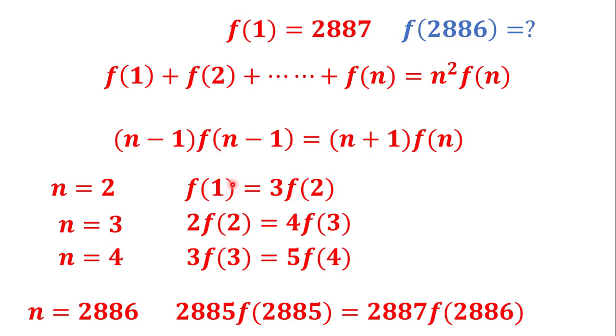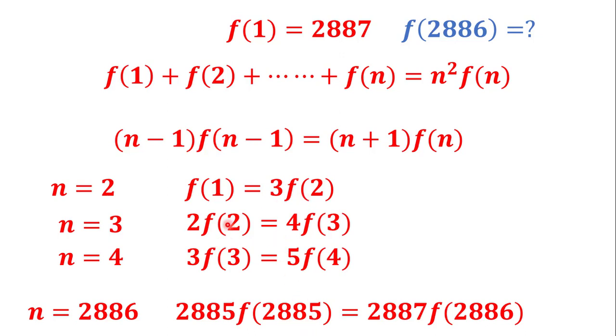If we multiply all these equations, you can see we have f(2) on both sides, f(3) on both sides, also f(4) and f(5) and f(2885).